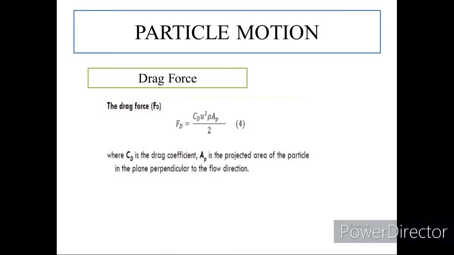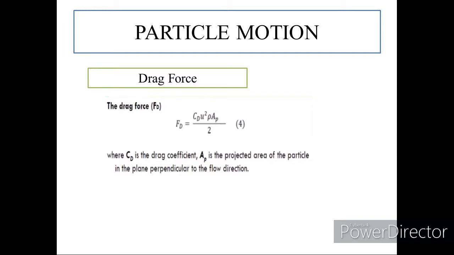For the formula of drag force, flashed on your screen, CD is the drag coefficient and AP is the projected area of the particle in the plane perpendicular to the direction of flow.